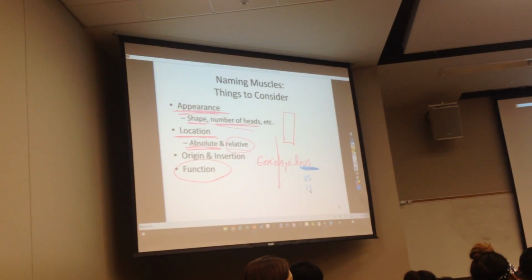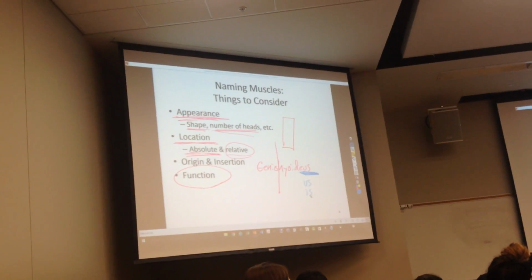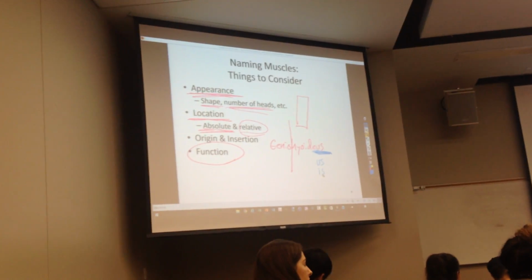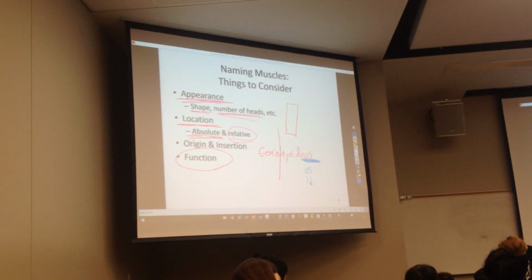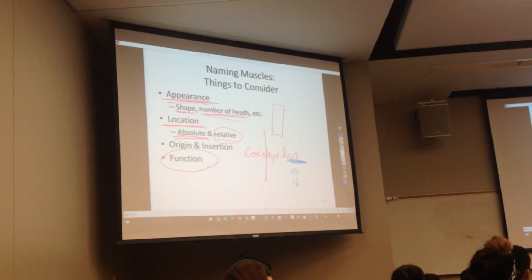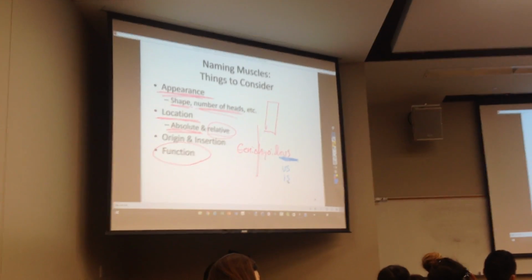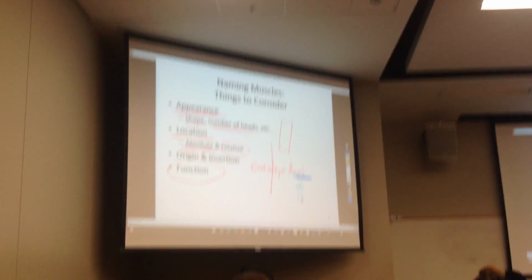Rectus abdominis, right? Rectus abdominis. Make sense? Biceps femoris. Does that make sense? Right? So that's the kind of rule, right, of naming the muscles. And then the other thing is you basically take into account shape, right, the location, the function, those kinds of things, right? So this is how you know that you're dealing with muscles, is the ending.